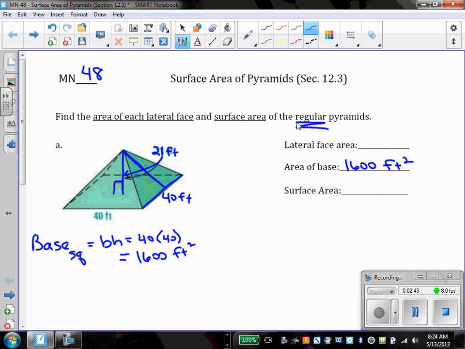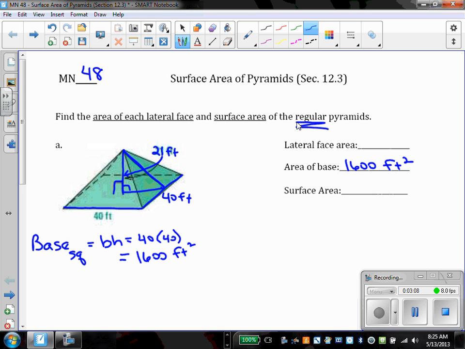So I'm going to create a right triangle within here, and I don't know if you see it, but it's coming from the vertex down, hitting the base at a 90-degree angle, and it's coming out at a 90-degree angle, and it's coming back up with that slant height. Now, the length of this square is 40, and if you look in here, the back length is again 40.